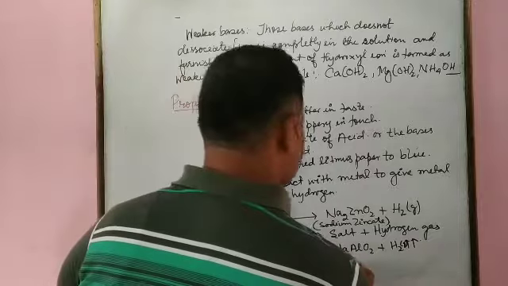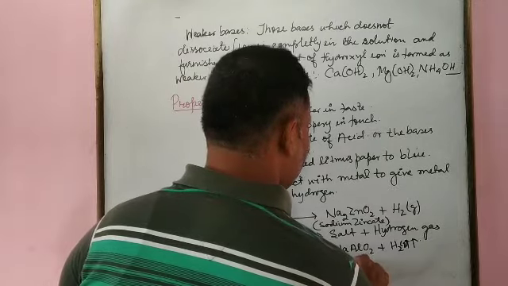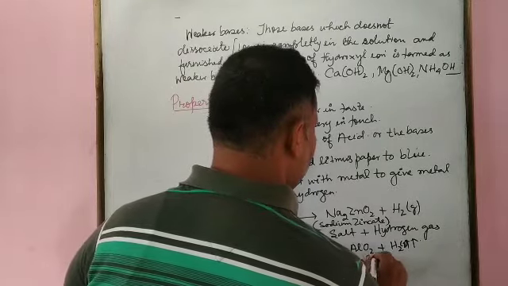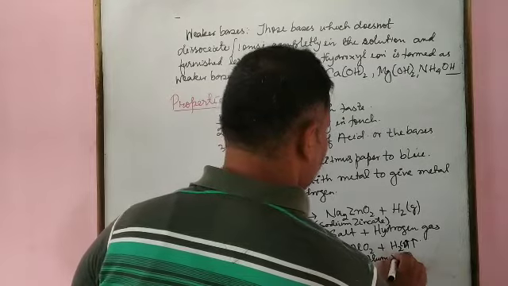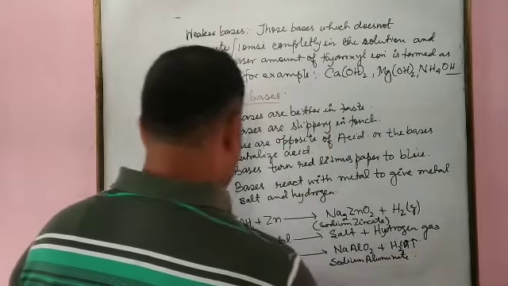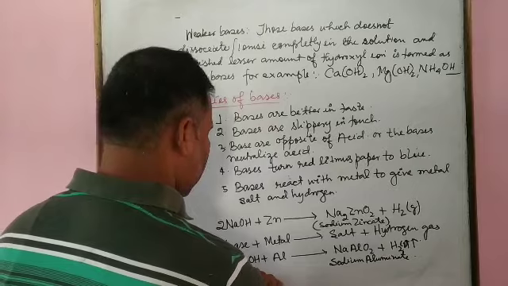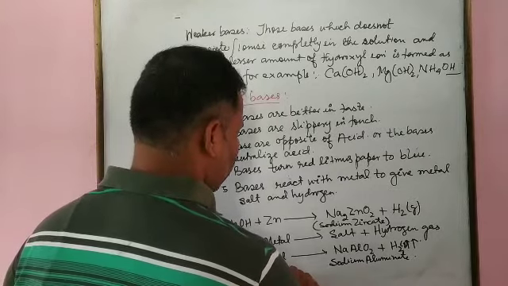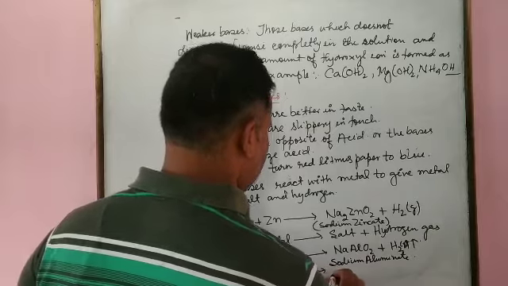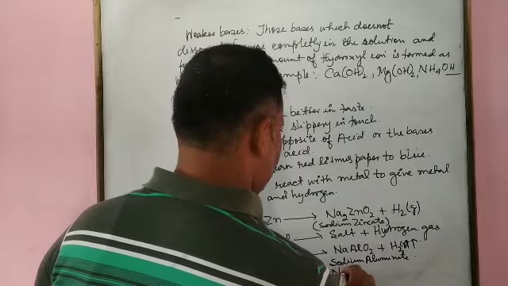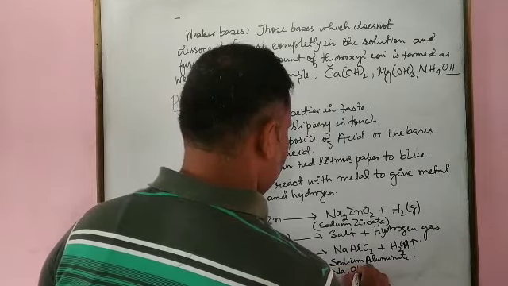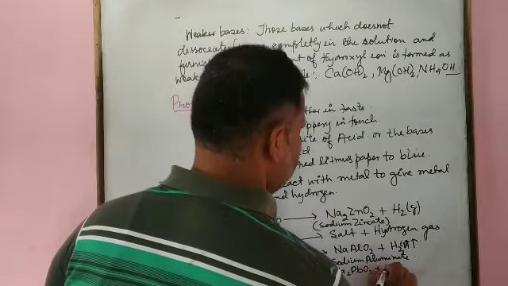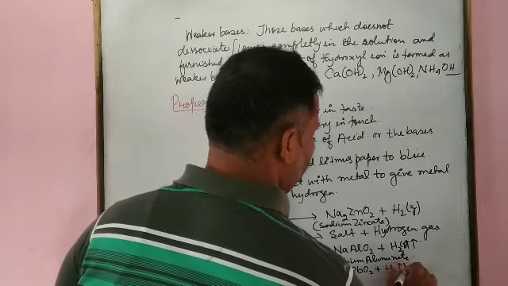When sodium hydroxide reacts with lead, Pb, then it forms Na2PbO2 plus hydrogen gas.